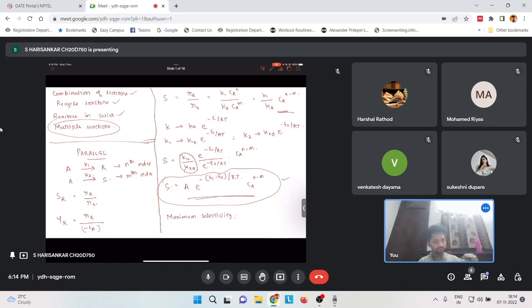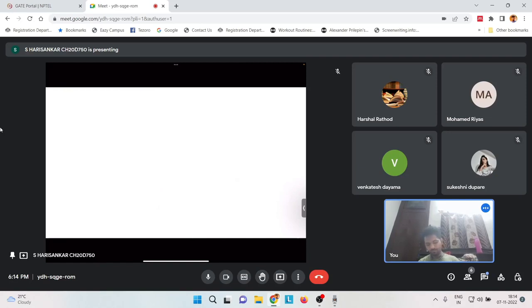So I'll show it to you guys. Selectivity is equal to A e raised to minus of (E1 minus E2) by RT into Ca raised to n minus m. Okay, so this is our equation for selectivity, right?